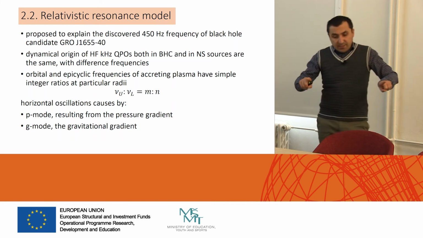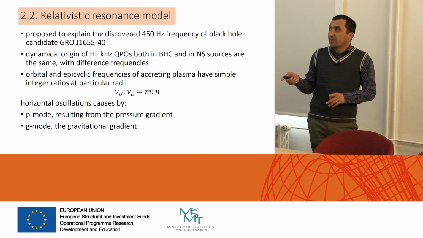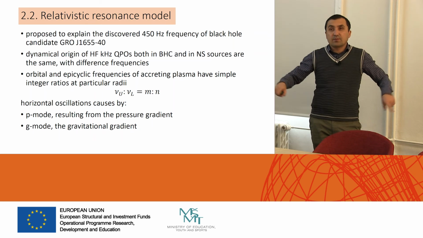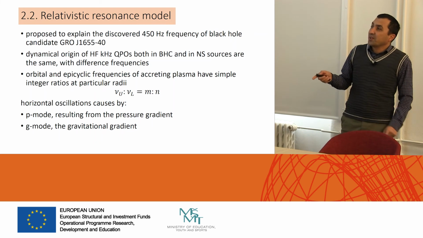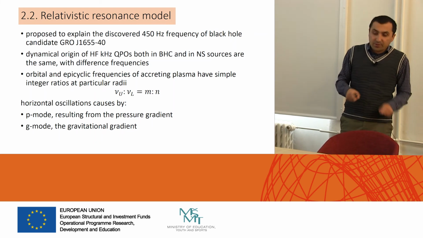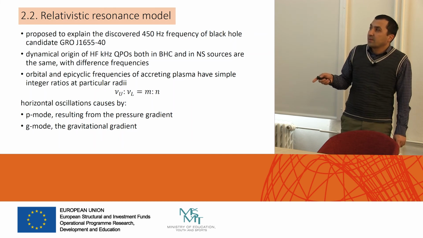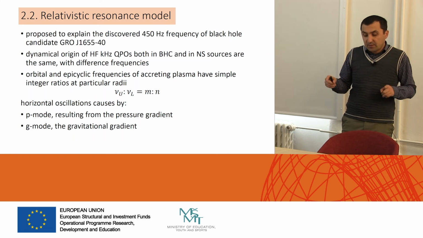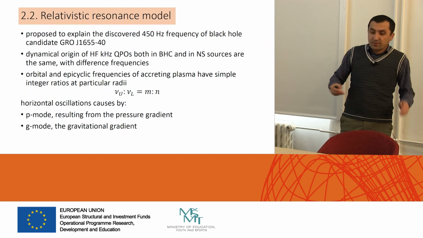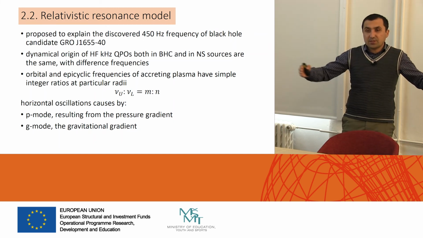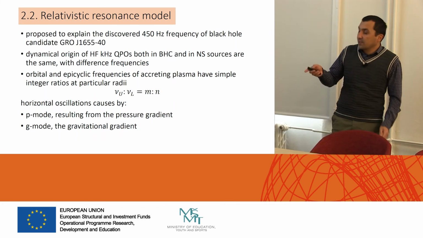Actually, the oscillations in the accretion disk, with horizontal oscillations dominated by the vertical oscillations, are caused by the P mode and the G mode. The P mode results from the variation of pressure of the accretion disk, and the G mode comes from the variation of the gravitational field in the inner edge of the accretion disk.